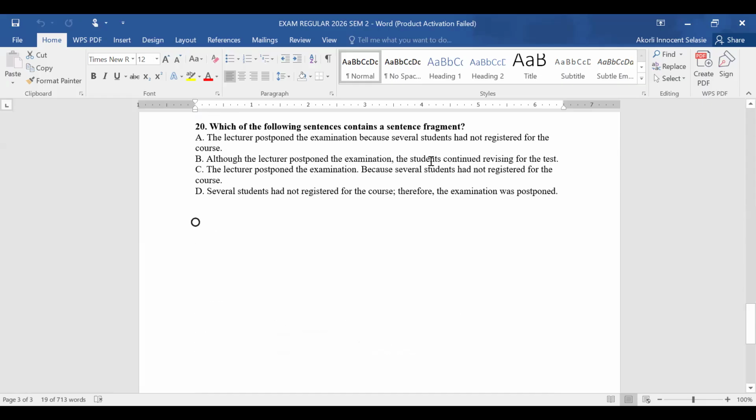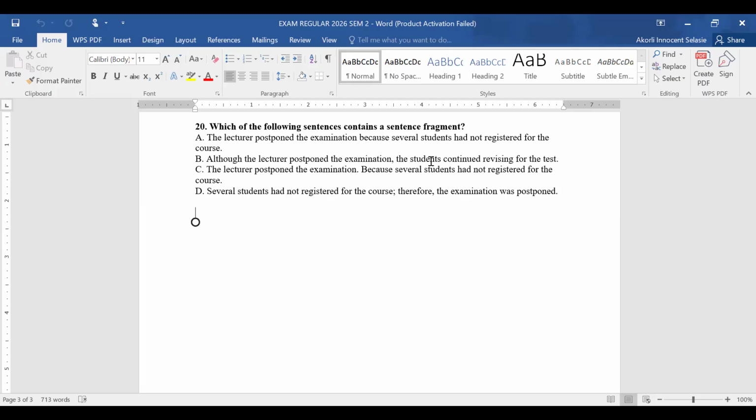Let's go to 20. Which of the following sentences contains a sentence fragment? A. The lecturer postponed the examination because several students had not registered for the course. B. Although the lecturer postponed the examination, the students continued revising for the test. C. The lecturer postponed the examination because several students had not registered for the course.